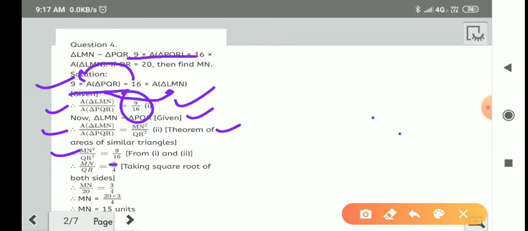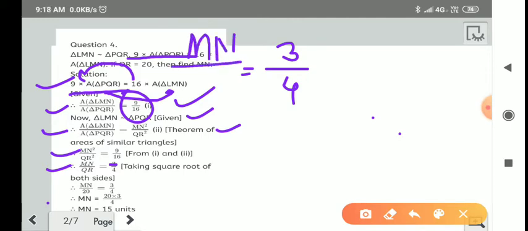Now taking square root, we get MN upon QR is equal to root of 9, which is 3, and root of 16, which is 4. So MN upon QR is equal to 3 upon 4. Now we are given QR is 20 and we have to find MN.